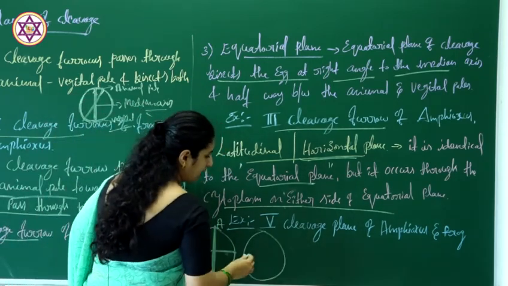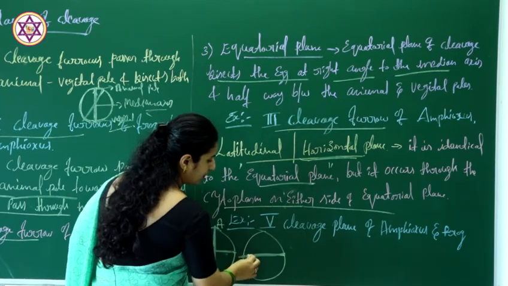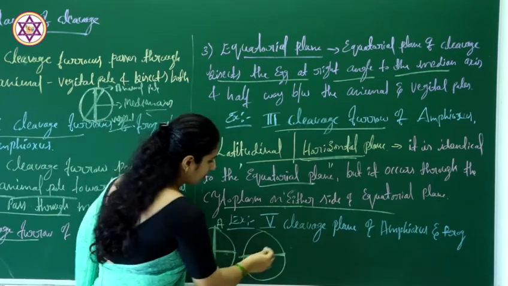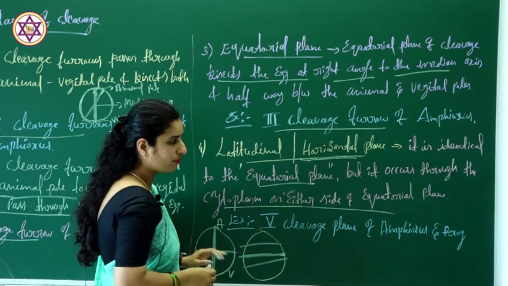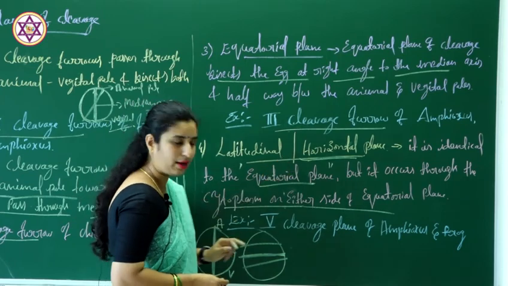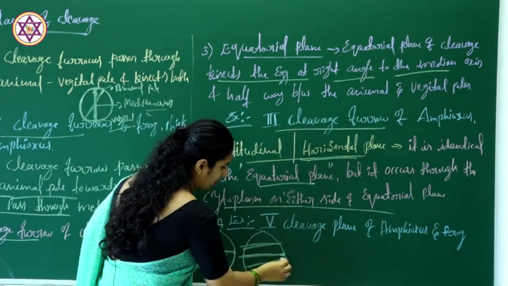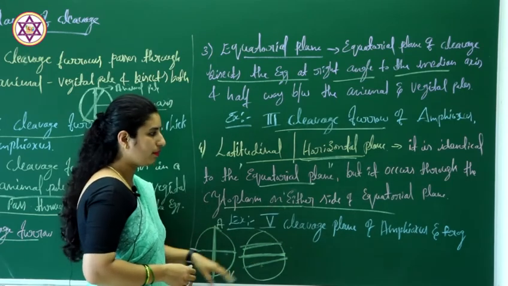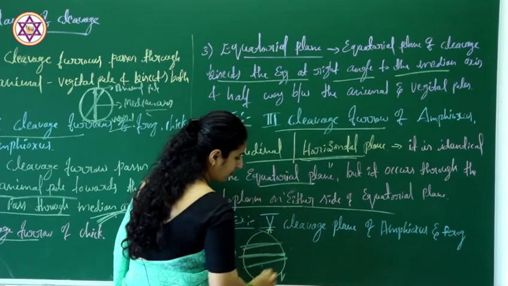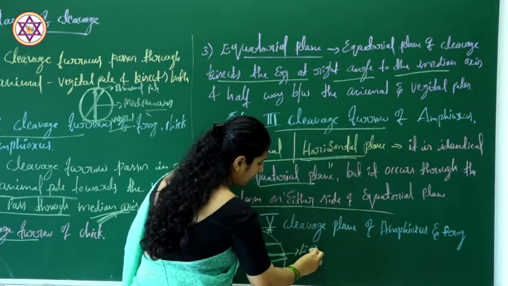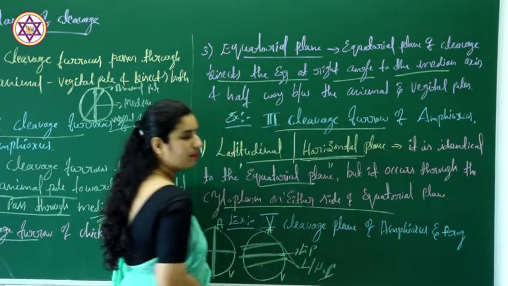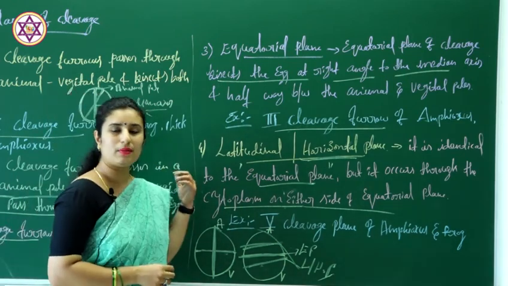Consider this is the equatorial plane. On either side of the equatorial plane, this latitudinal or horizontal plane arises. This is the animal pole and this is the vegetal pole. This is the example for the equatorial plane and these two are the examples for the latitudinal or horizontal plane. Okay, so this is about the planes of cleavage.